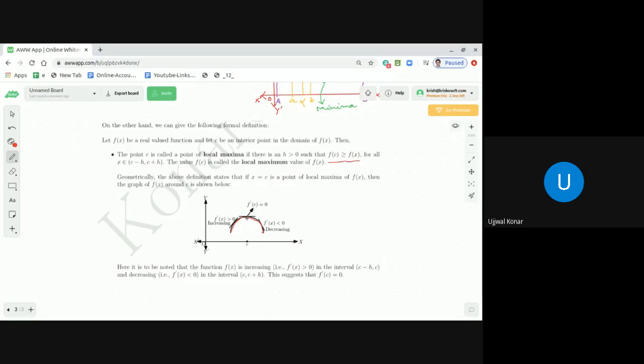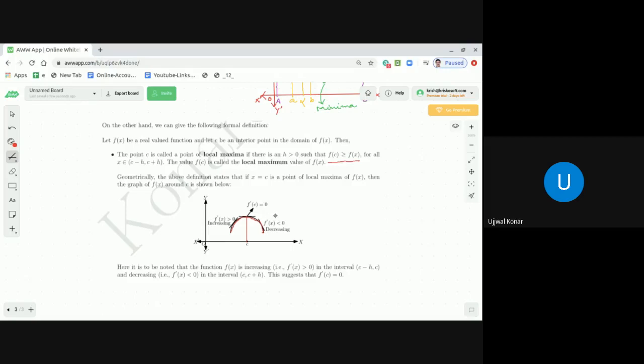From tangent and normal, if you remember, it is the slope of the tangent. So if this is the point C, what is the slope of the tangent at that point? f dash c should be equal to 0, because the tangent is horizontal to the x-axis.